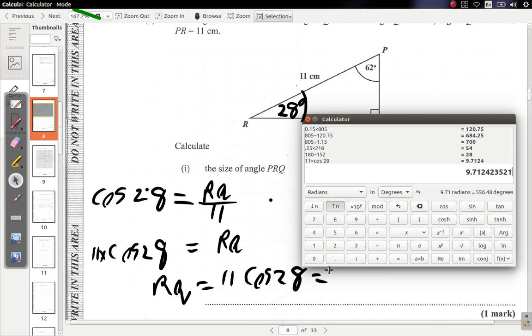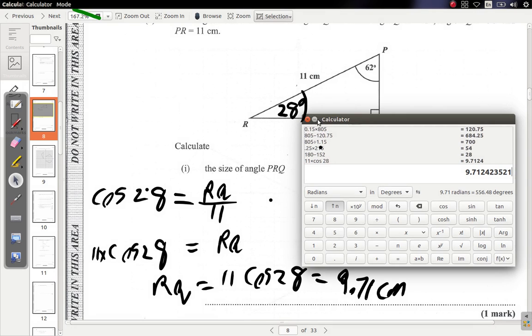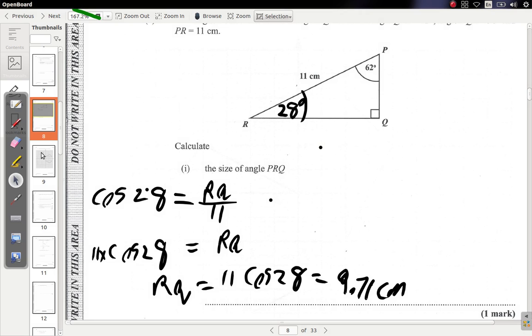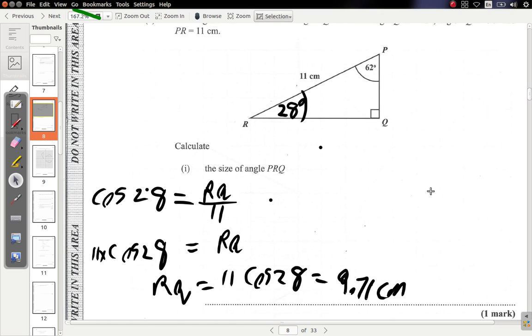So RQ is 9.71 centimeters. Alright, so that gives you RQ, right? The length of side RQ, so we get 9.71 for RQ.